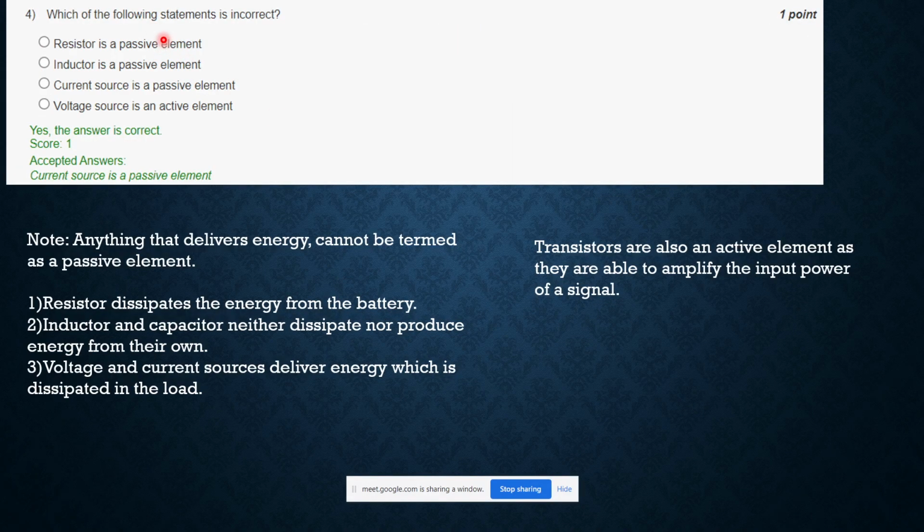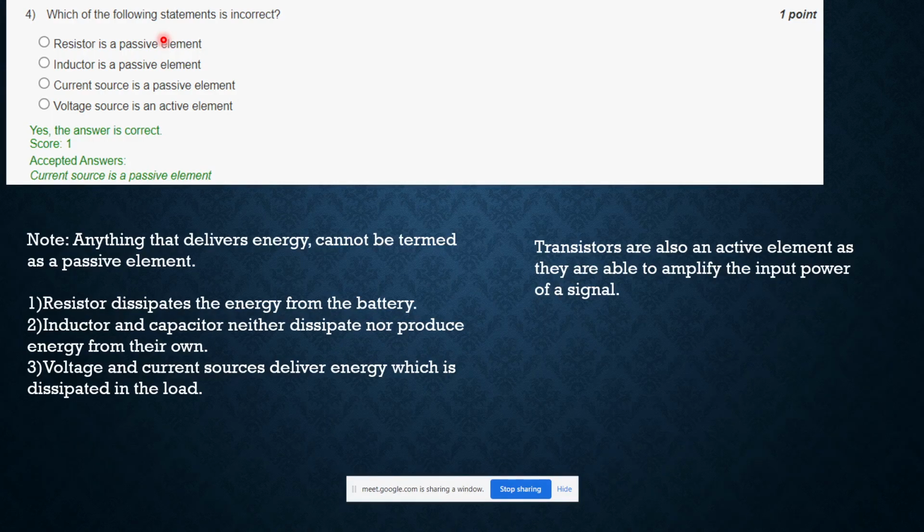Now coming to this question, let's understand the difference between an active and a passive element. Anything that is able to deliver energy, we cannot term as passive. A passive element will always consume the energy, or not do anything.